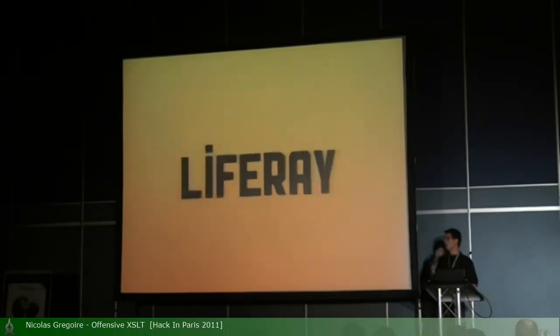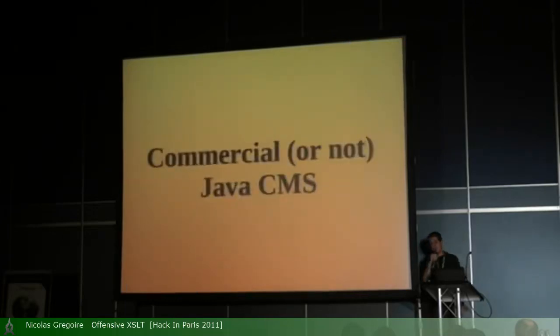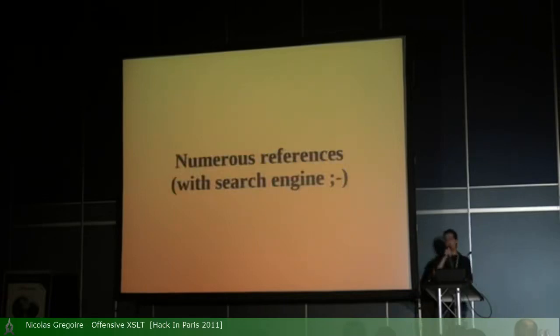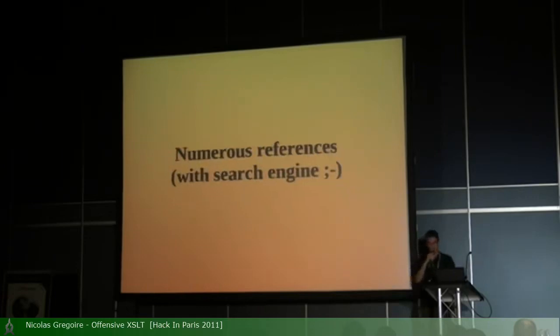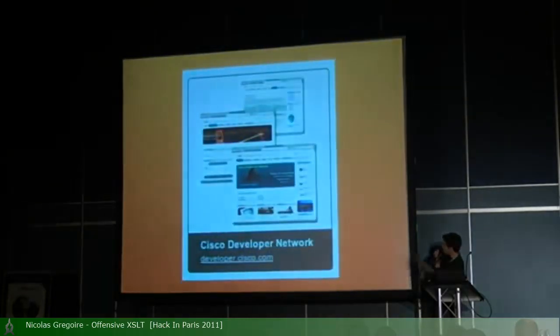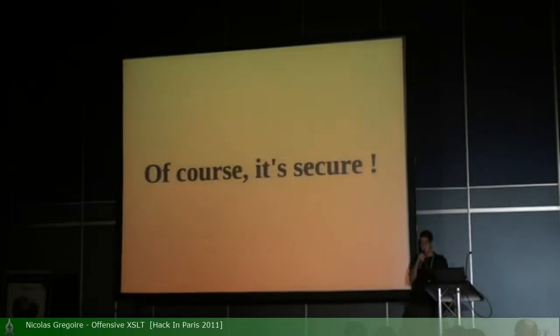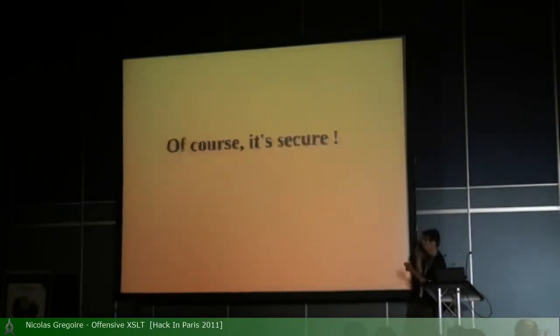So Liferay is a CMS in Java. It's commercial or not, but mainly used as a commercial CMS. It's very expensive. And on their website, you have a list of customers with a search engine. So it's really cool. I know there is a Cisco developer network running on Liferay. There is the French Ministry of Defense running on Liferay. And given this kind of customers, of course, it's secure. No kidding.